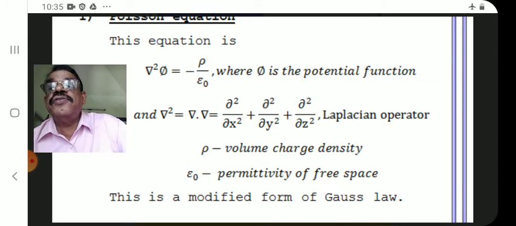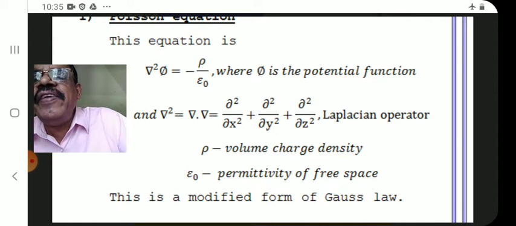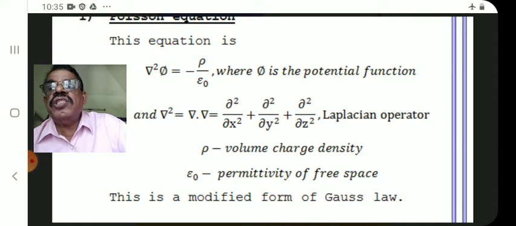Del square phi is equal to minus rho by epsilon 0, where phi is the potential function. Or we can write del square V, where capital V is a potential function. Here we take the symbol phi for potential. This is the Poisson equation.